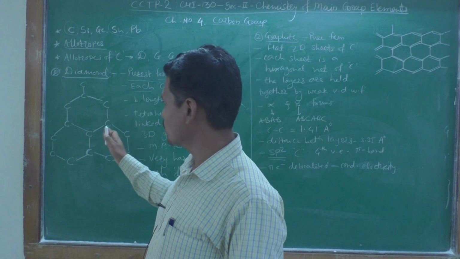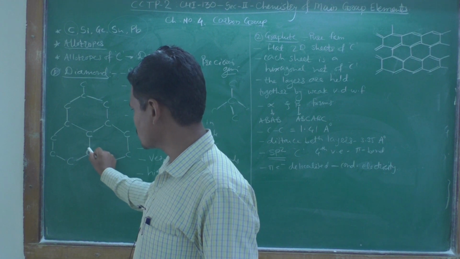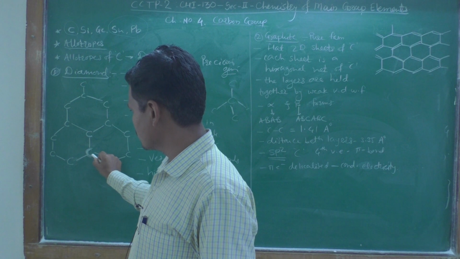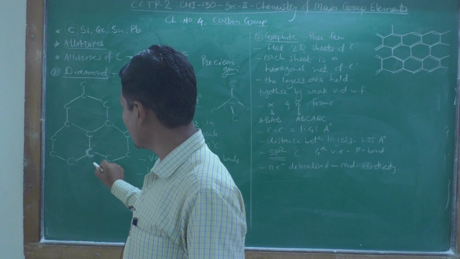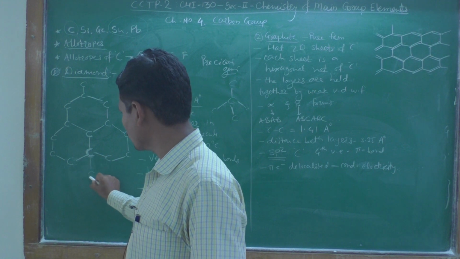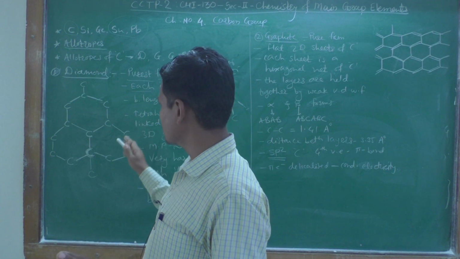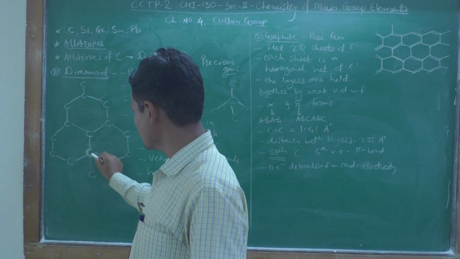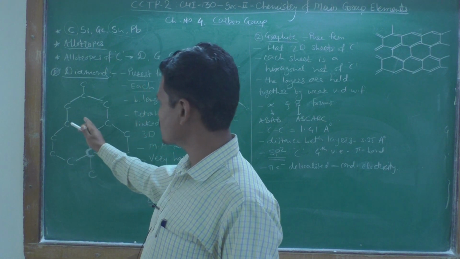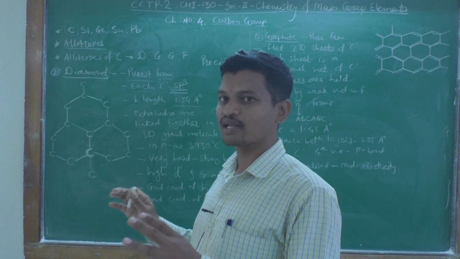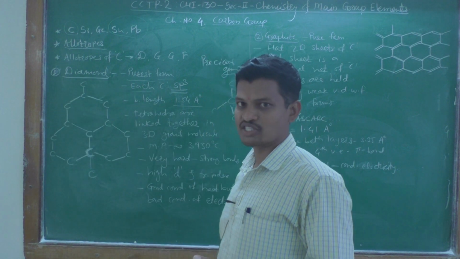So look at this. Each carbon atom here, 1, 2, 3 and 4. This is the skeleton of the diamond structure. Each carbon atom is tetrahedrally bonded to 4 other carbon atoms. So this is the skeleton of the diamond structure.